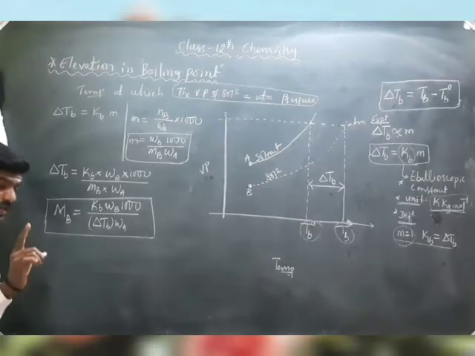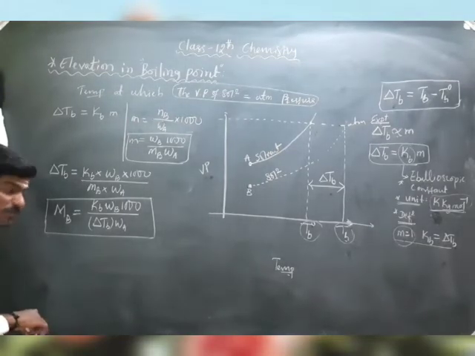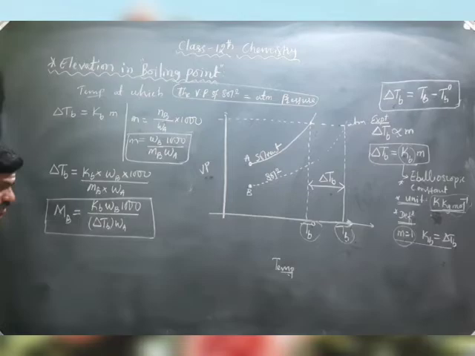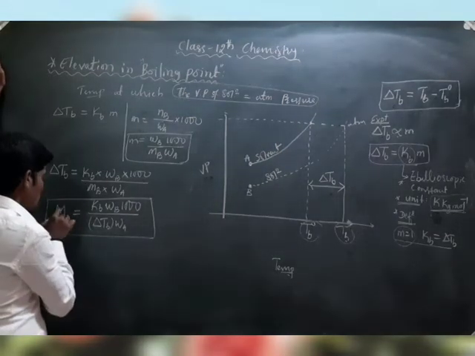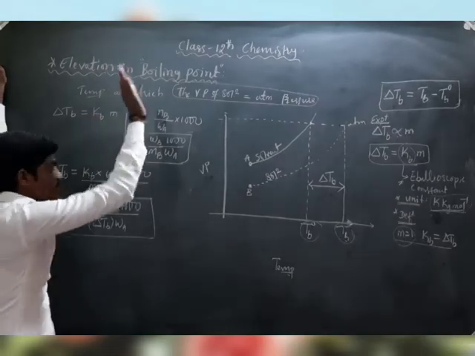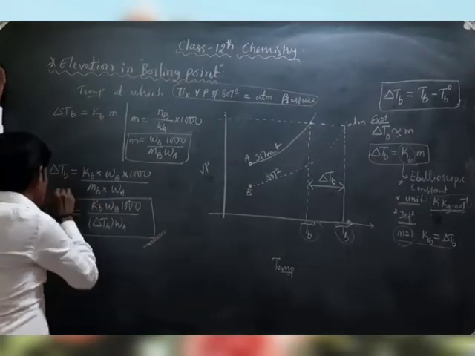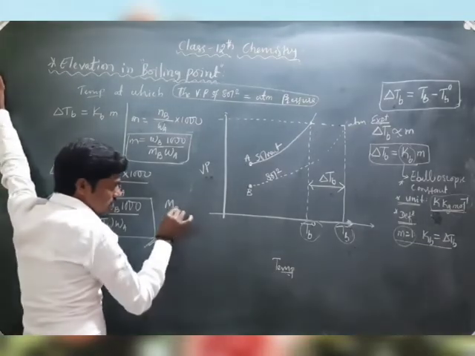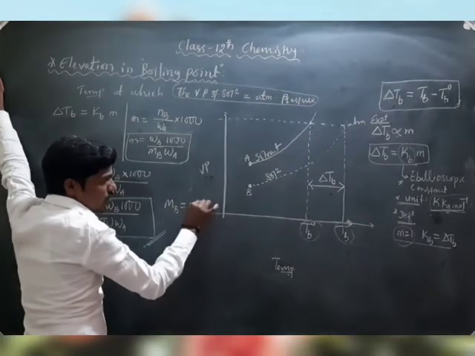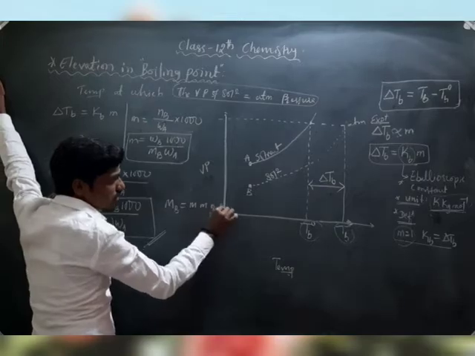This is the second main formula. The first formula is from relative lowering in vapor pressure, where we calculated molar mass, and this is the second formula. We have calculated the molar mass from elevation in boiling point. MB is the molar mass of solute.